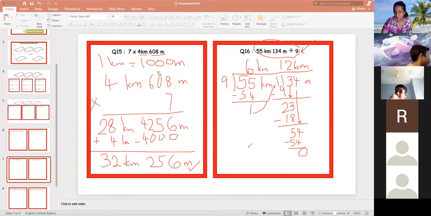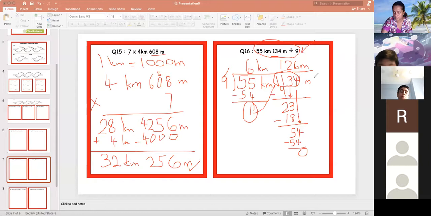Do you understand? 1 kilometer, that's your remainder here. You cannot keep it. You have to change it to become meters and add it with the existing 134 meters. So 134 plus 1000 meter is 1134. You take that new number and divide by 9.